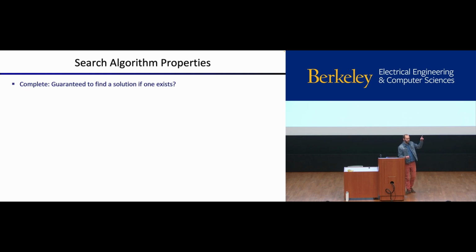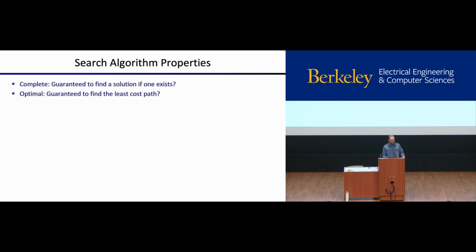So if there's an infinite loop, you remember that one where it was S, A, B, and then something on the right? You could just keep going back and forth with A and B. You might get lucky and go off the loop, but depending on the order in which you're adding the children of a node onto the tree, you might end up just going down and down and down forever and never stopping and coming back up.